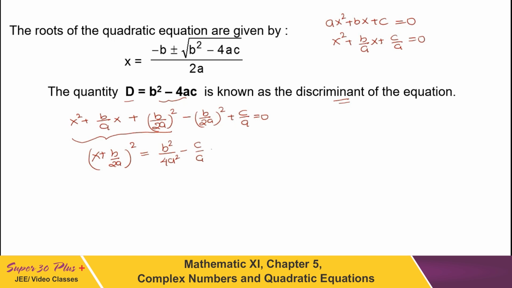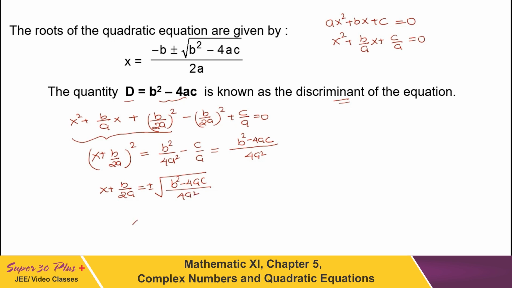We are going to simplify it. Taking 4a square as the LCM, it will be equal to b square minus 4ac. Now we can write x plus b upon 2a is equal to, within a square root, plus minus sign is here, b square minus 4ac upon 4a square.